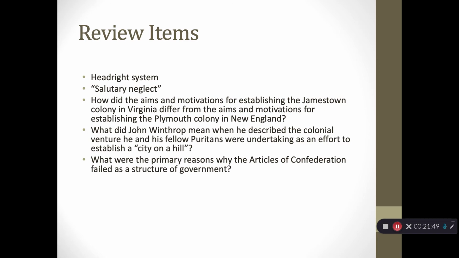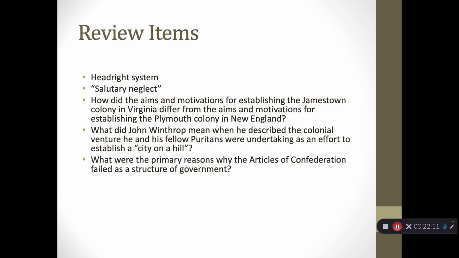So when the 13 colonies first declared independence from Great Britain, they had to decide what their relationship to each other was going to be and what kind of government they would have to connect them to each other. Because it's important to keep in mind that these 13 different colonies, in a lot of ways, were very independent and separate from each other.